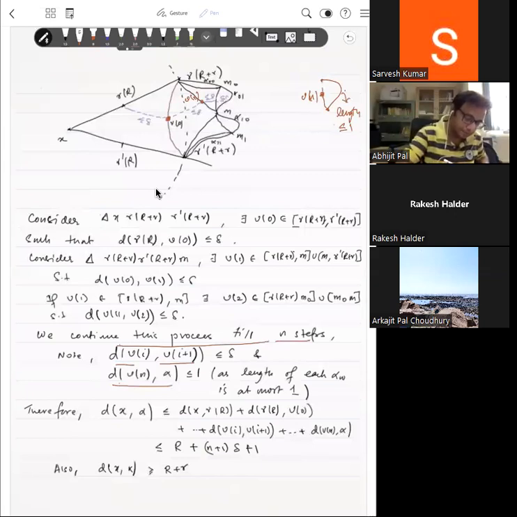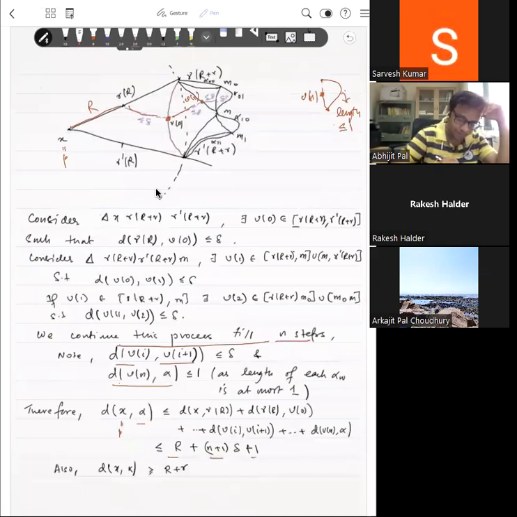So the distance of the base point to alpha, this is by triangle inequality: first this distance, then this distance, then this distance, you continue like this up to n steps. This distance is R, and this is at most delta. So what we have is R plus n plus 1 delta plus 1.